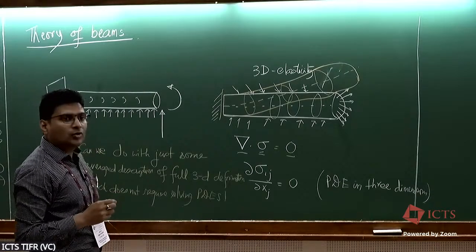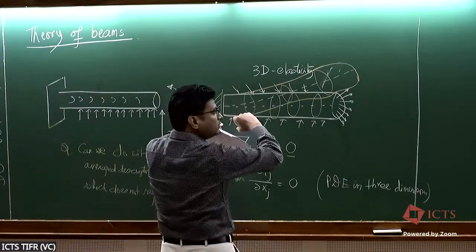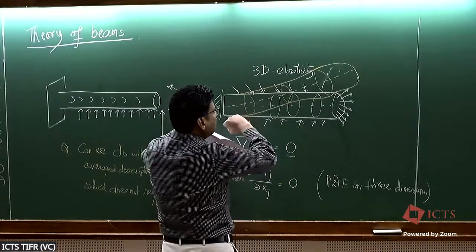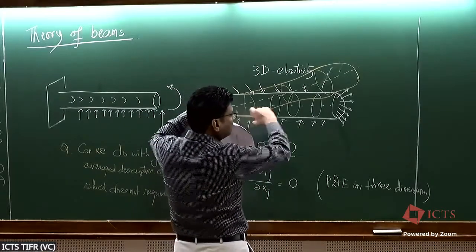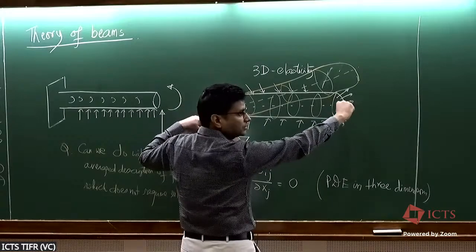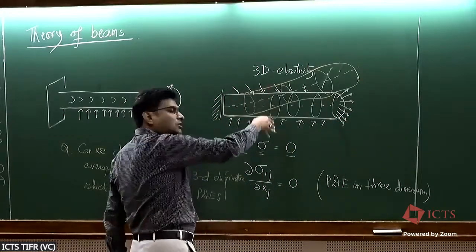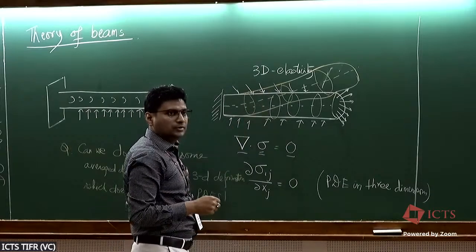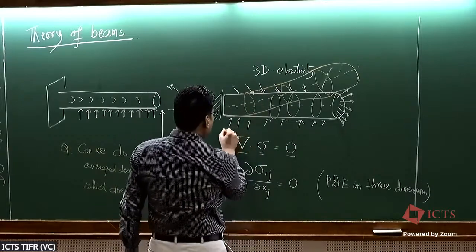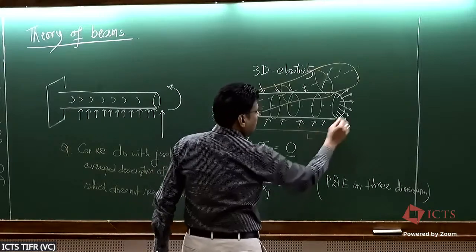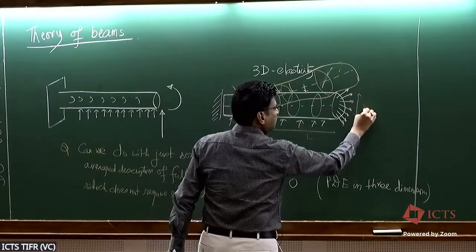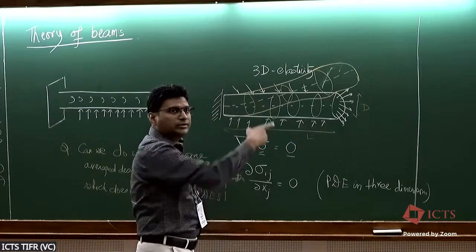But it turns out when you have a beam-like object where it is slender, meaning the dimension in the length direction is much larger compared to dimension in the transverse direction, that is a cross-sectional dimension. So if you call this as L and this as D, the cross-section need not be circular.